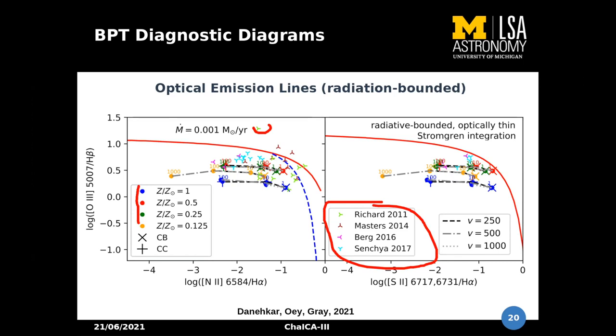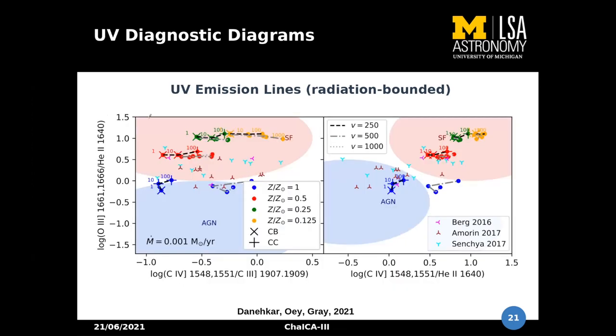However, in order to see how catastrophic cooling forms, we need to observe UV emission lines, and here is the diagnostic for UV emission lines. Here you see there is a catastrophic cooling, and in this region where there is catastrophic cooling, there is a divergence from those without catastrophic cooling. These crosses and pluses show the catastrophic cooling: catastrophic cooling with bubble and catastrophic cooling without bubbles.